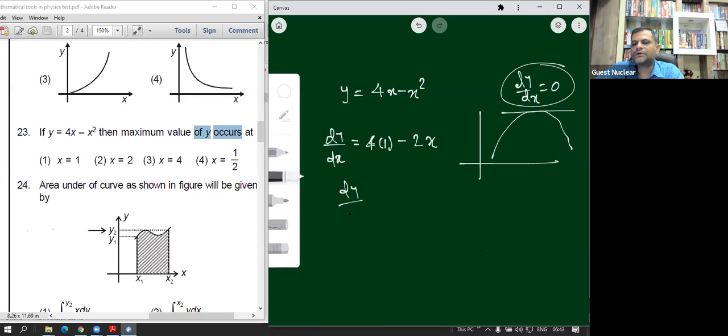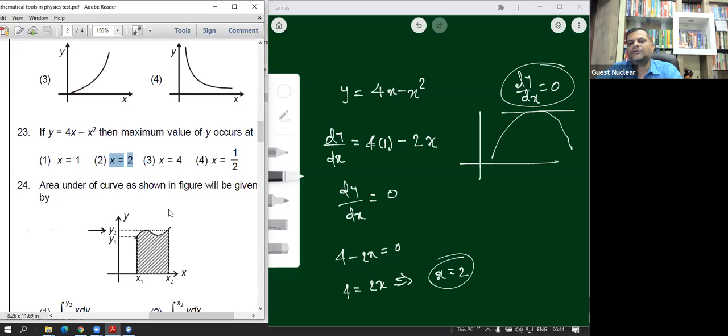But as we want to find out the maximum value of y occurs at, तो उसके लिए हमको dy by dx को 0 के साथ इक्वेट करना पड़ेगा, जो बनेगा 4 minus 2x equal to 0, जिससे हमको मिलेगा 4 is equal to 2x, and hence we get that 2x must be equal to 4, मतलब ही x must be equal to 2. So x equal to 2 is going to be the value of x where y becomes maximum.